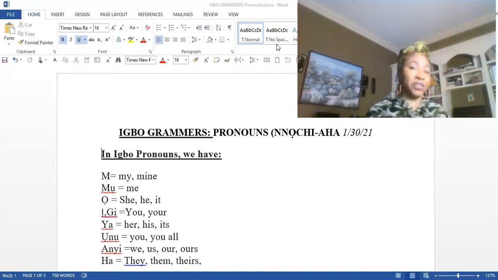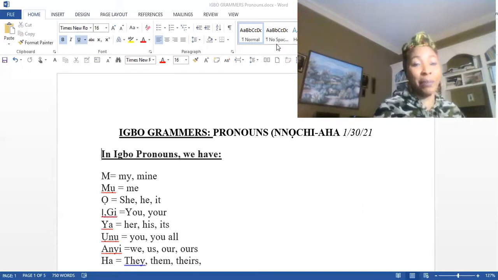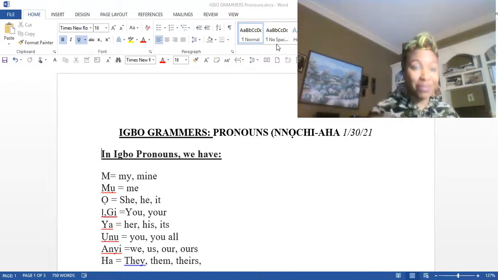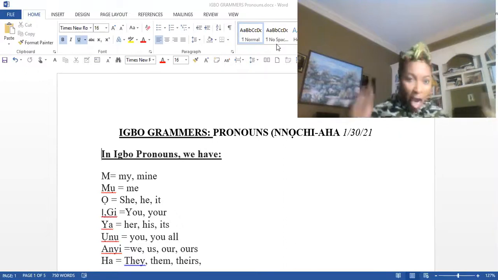So when you say impersonal pronoun, it is something that is indefinite. These pronouns do not refer to a specific object or a person.